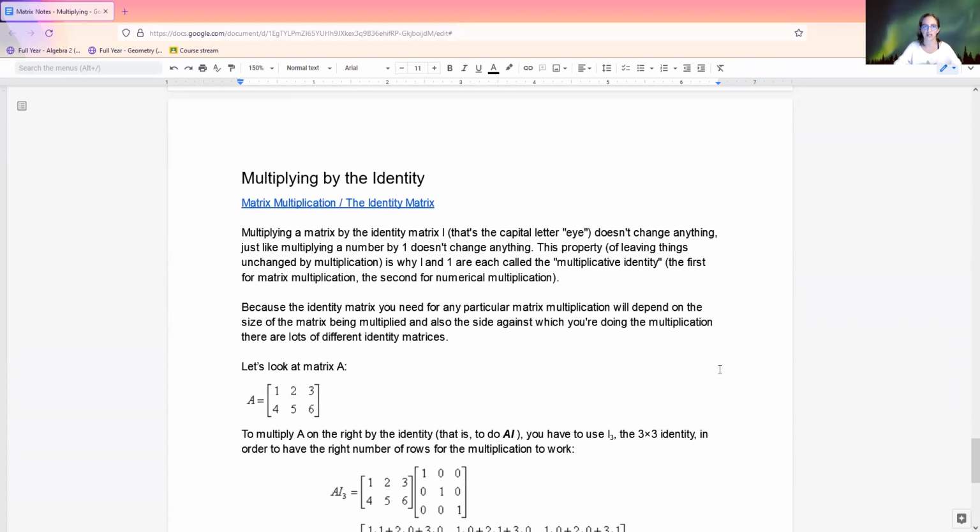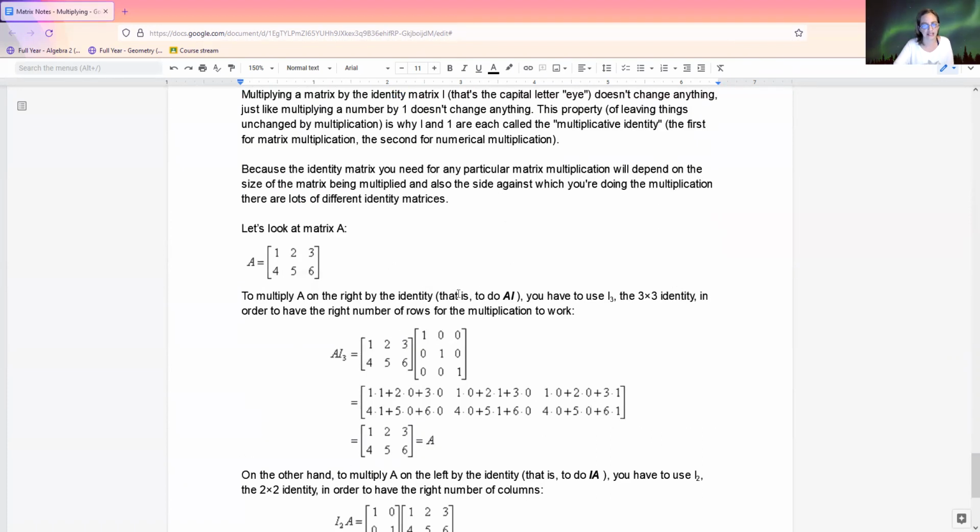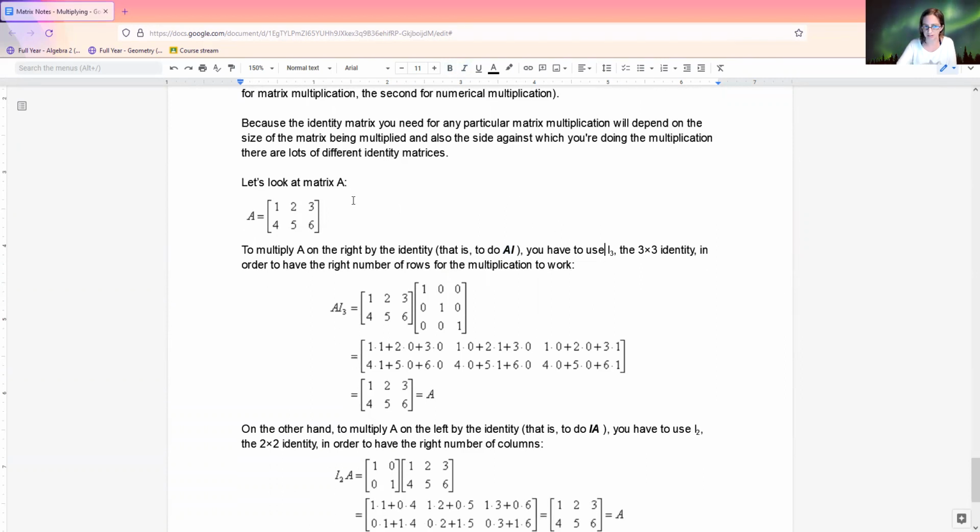What's the point of the identity matrix? Remember, the identity matrix is a diagonal that has all ones in the diagonal and zeros everywhere else. It tends to give us an answer. So if we had the matrix A and we wanted to multiply it by the identity, that is A times I, you would need to use the 3 by 3 identity matrix.